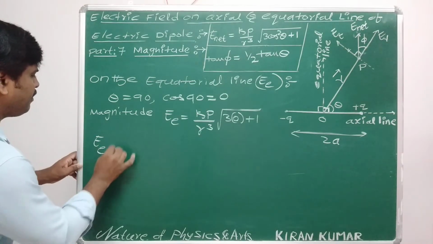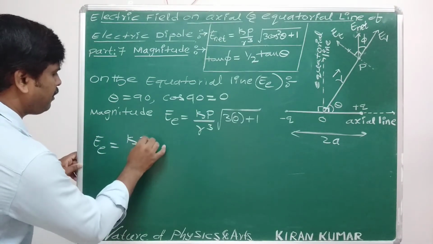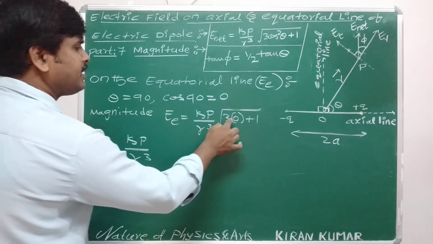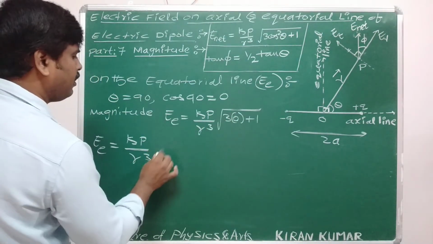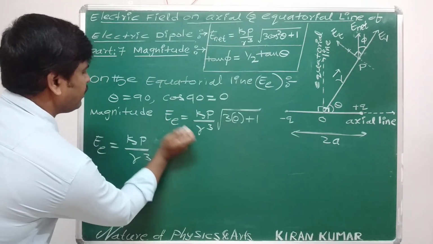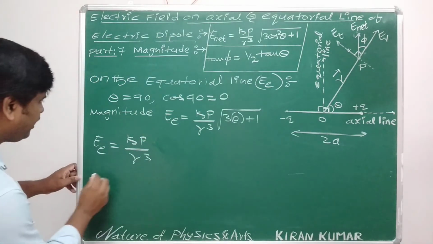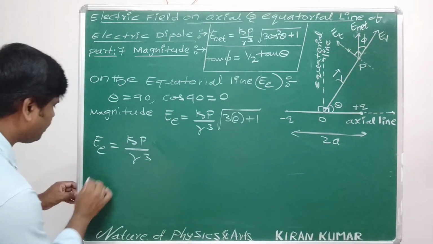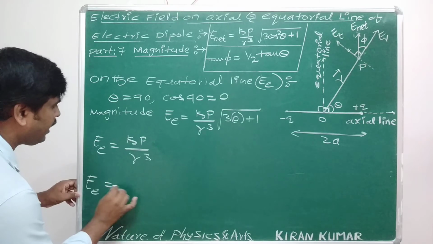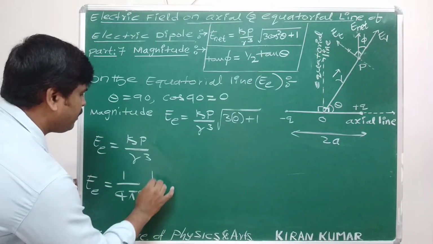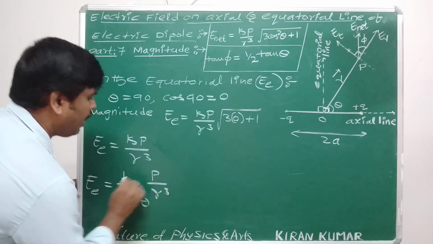So E_E is equal to kP divided by r cube. No need to write 1. Then replacing k with 1 by 4 pi epsilon naught, E_E is equal to 1 by 4 pi epsilon naught P divided by r cube.